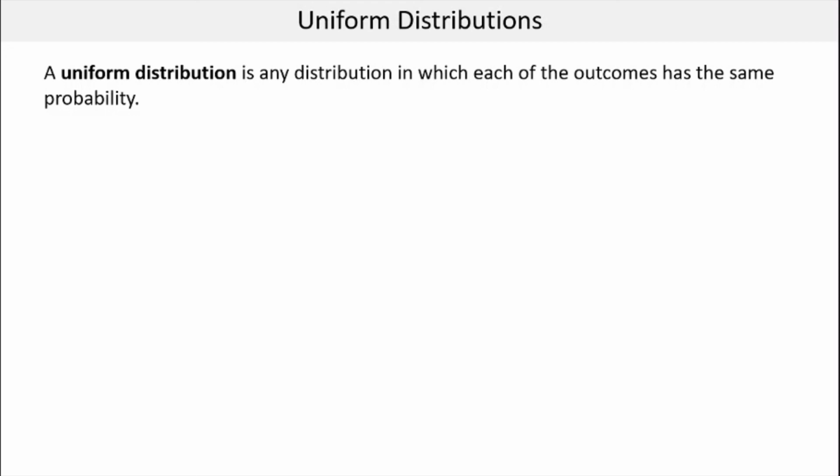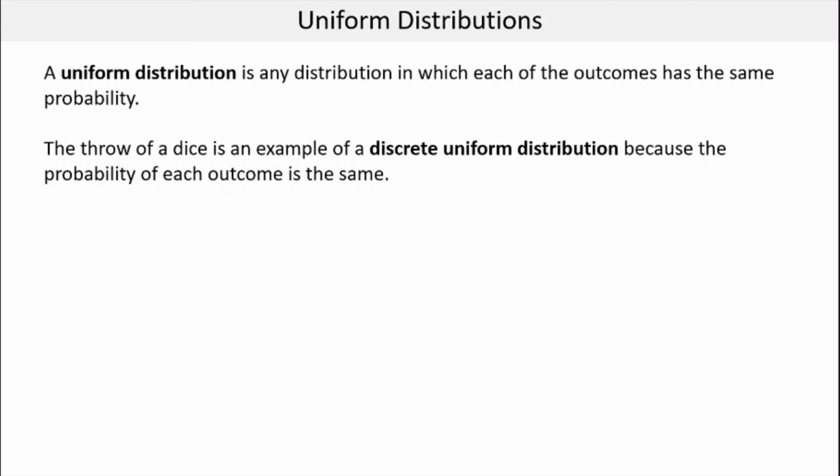Throwing a dice would be a discrete uniform distribution because we have numerical outcomes. The coin didn't have numerical outcomes if we refer to it as heads and tails, but with a dice, the score that we get is a numerical outcome, so this is now a discrete uniform distribution.